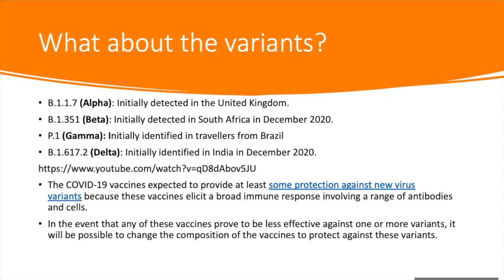We know the alpha was detected initially in the UK, the beta variant in South Africa, the gamma variant in Brazil, and the delta variant first identified in India. It's the delta variant at the moment that seems to have overtaken all of our infections over the last 3 months. And it seems to be the fastest spreading, and it's also affecting the younger population.